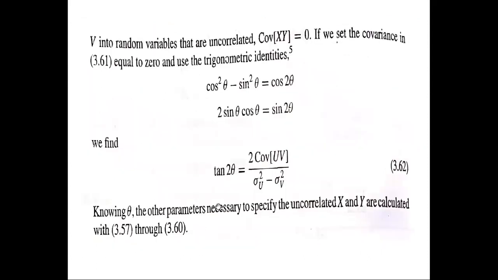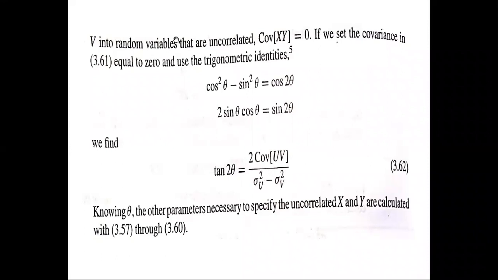So if you take cos 2 theta on that side, and sigma v squared minus sigma u squared with a minus term on the right hand side, you'll get sin 2 theta by cos 2 theta, which is nothing but tan 2 theta. Taking the other terms on the other side, you'll get 2 covariance of uv by sigma u squared minus sigma v squared.